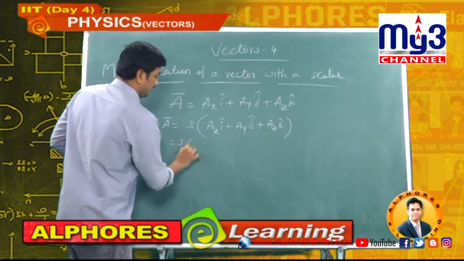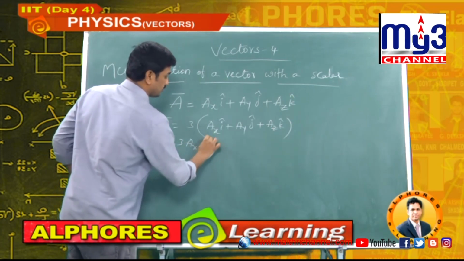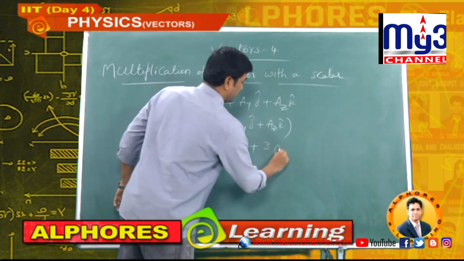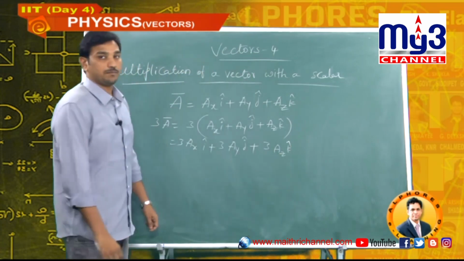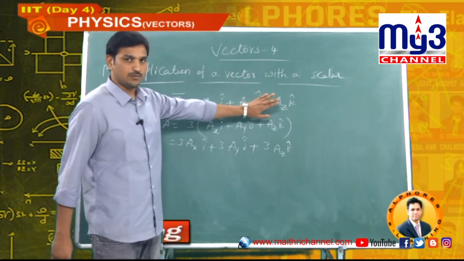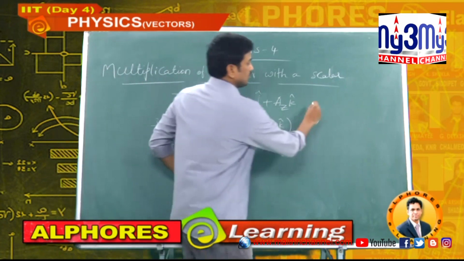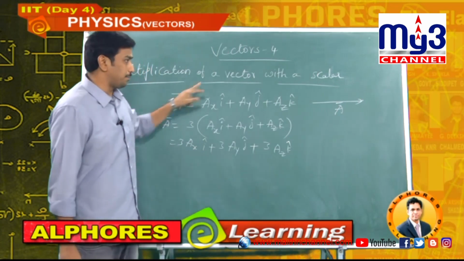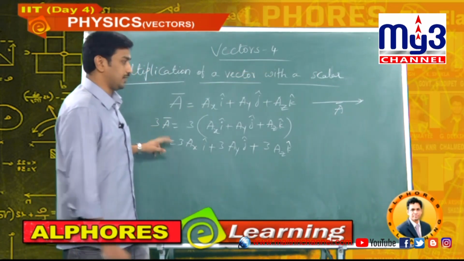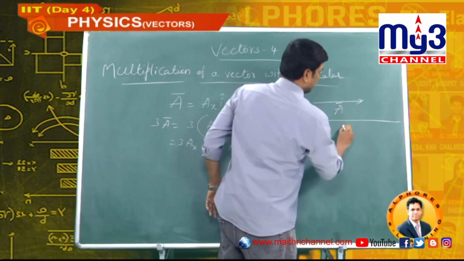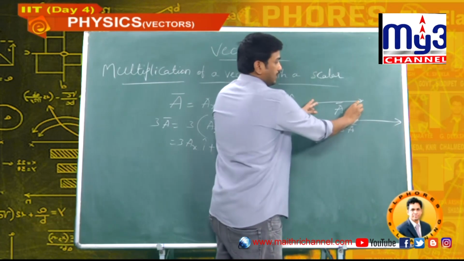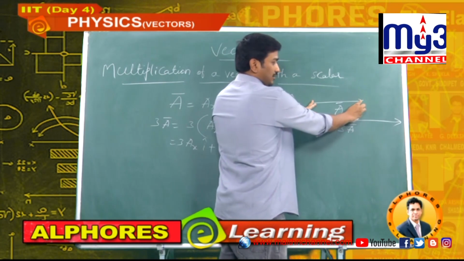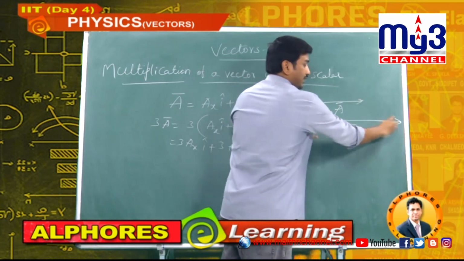Now 3 into ax i cap plus 3 into ay j cap plus 3 into az k cap. Simple. Here what we did: a bar is multiplied with a scalar, that scalar here is 3. A bar will become 3 times. Here the length of a bar is this. Suppose this length is some x, it will become 3x.